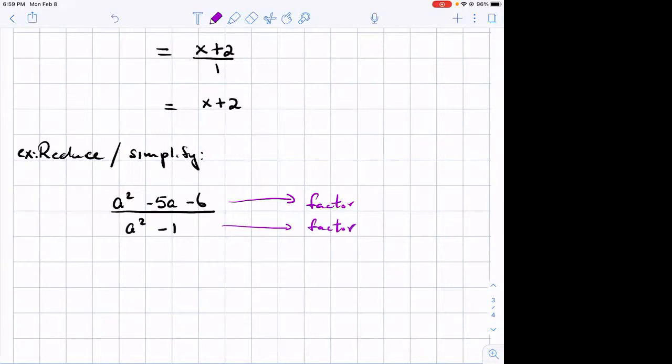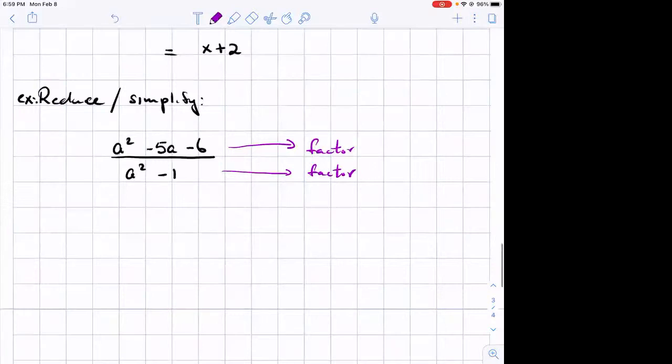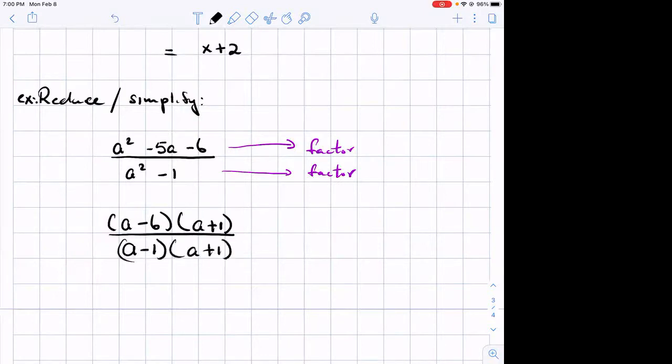If we factor the numerator, using the master product method or the guessing method, this becomes a minus 6 times a plus 1, divided by, in the denominator, a difference of squares, so it's a minus 1 times a plus 1.